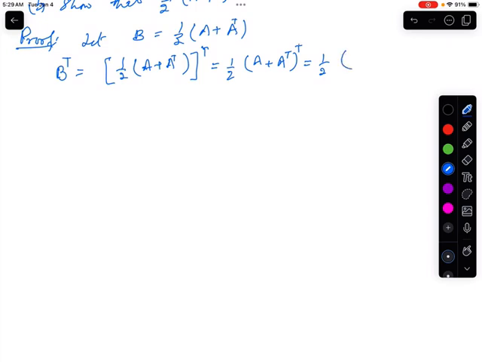1/2. This transpose goes on this one as well as on this one. So I get A transpose plus A transpose transpose.